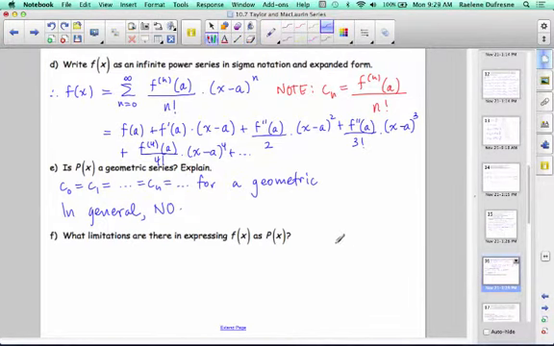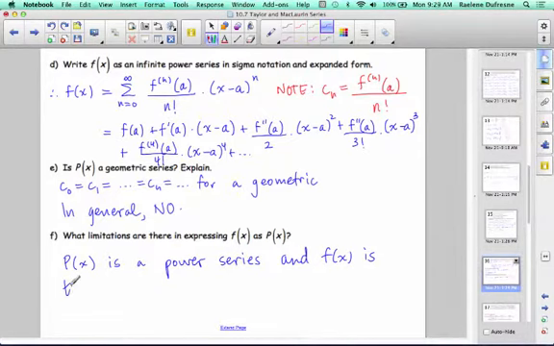What limitations are there in expressing f of x as p of x? Well, recall, p of x is a power series, and f of x is the sum of that power series.